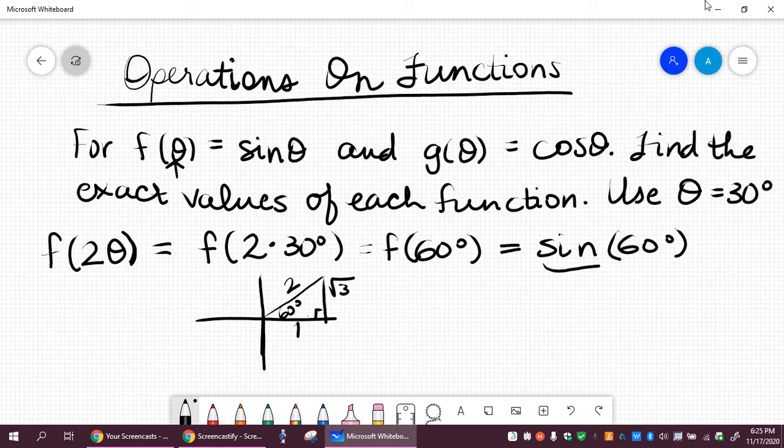So the sine of 60 has a ratio, opposite over hypotenuse, or you can write it as y over r. My y value is square root of 3, my radius is 2, and that would be the final answer. So f of 2 theta is equal to the square root of 3 over 2. Okay?